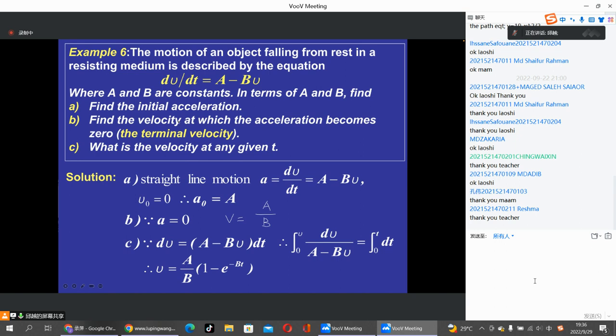Okay, we can give the velocity at any given t with this expression.